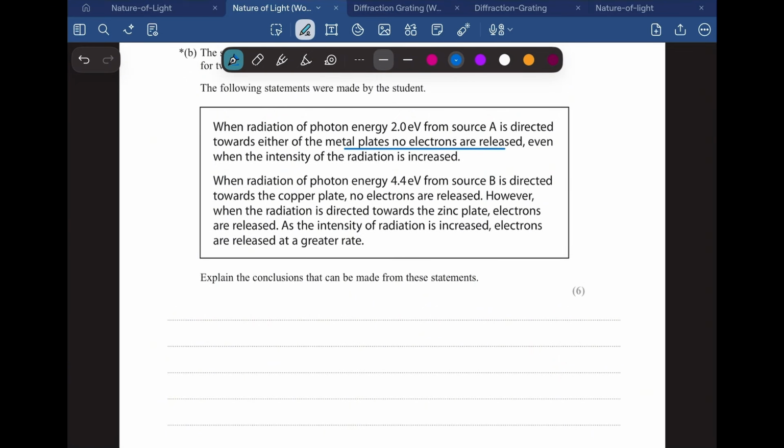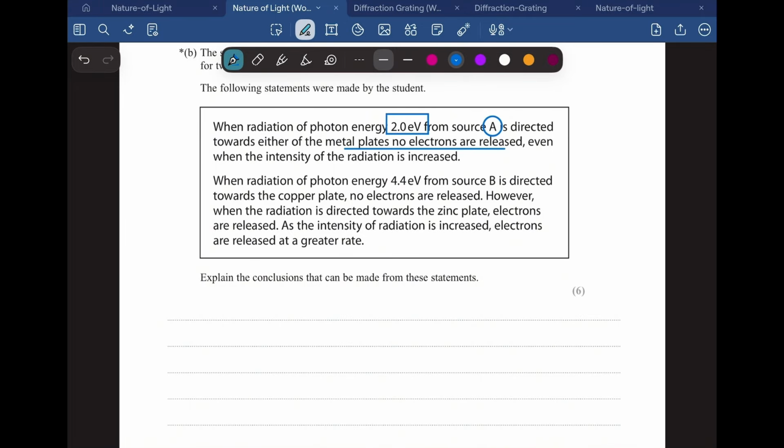It means that the photon energy of 2 electron volt was basically less than the work function of the metal plates. Or we can also say that the frequency of source A is less than the threshold frequency of either of the metal plates.